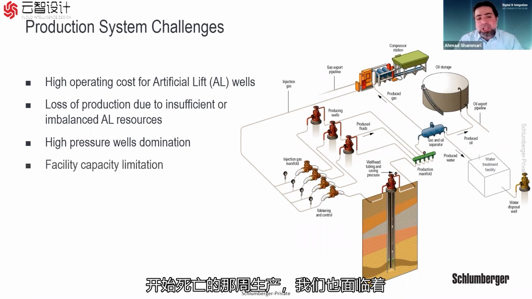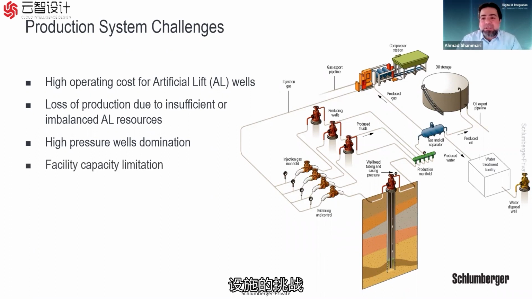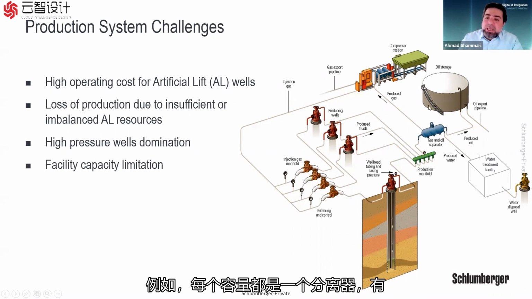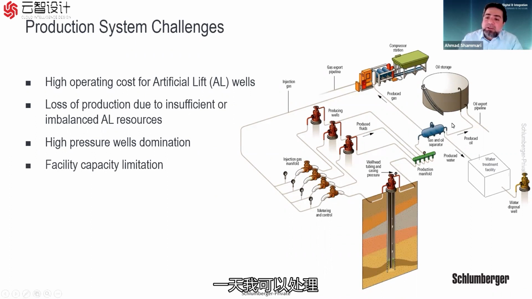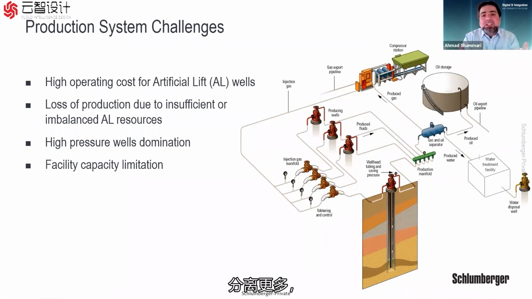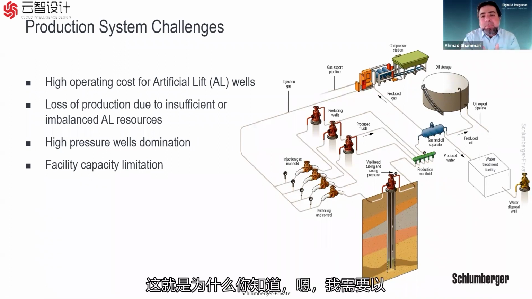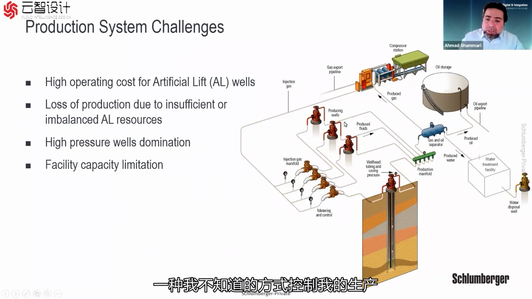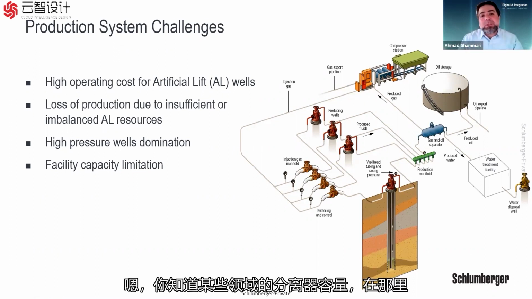We also have the challenge of facilities capacity. For example, each separator can handle only a certain amount of water and a certain amount of gas in a day. I cannot separate more. That's why I need to control my production so that I don't reach my separator capacity.